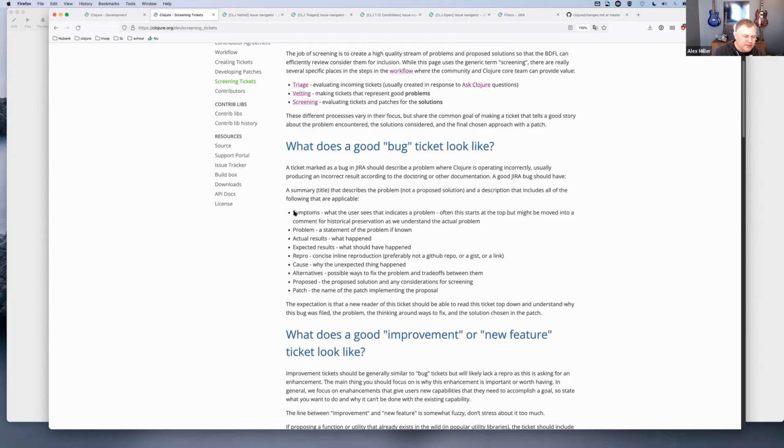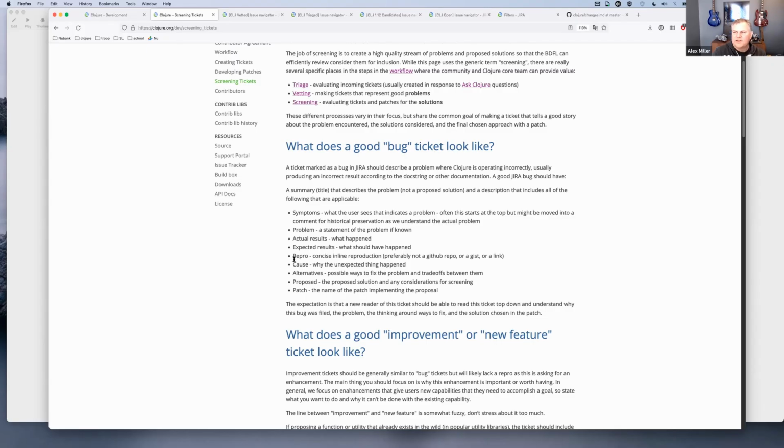Really, when I pick up a ticket cold, I want it to tell a story. I want it to tell a story about here's what a user was trying to do, here's what they did, here's what happened, here's what they expected to happen, here's how I can reproduce that if I haven't already said that. Here is the actual problem or the cause.